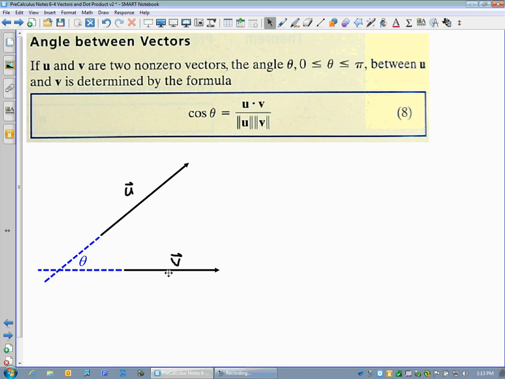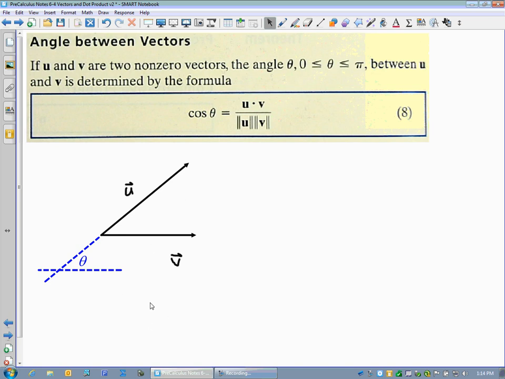Or, since we're talking about vectors, another way to do it is you could move the vectors so that they share a common starting point, and then the initial points are the same, so the angle between them would also be theta. And of course, we can see here two parallel lines cut by a transversal. The corresponding angles are congruent. So there's two different ways to look at that.